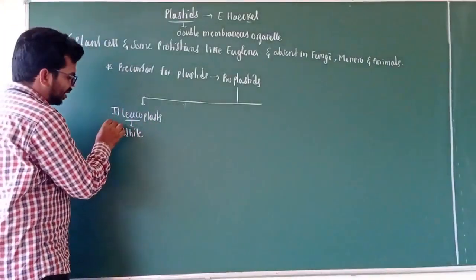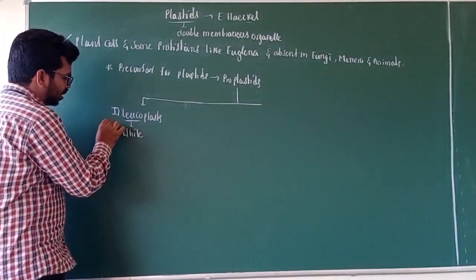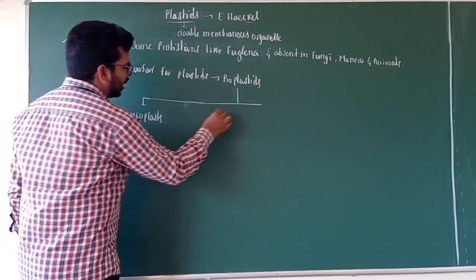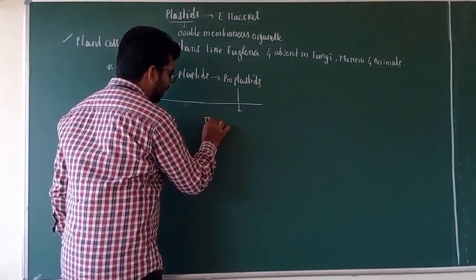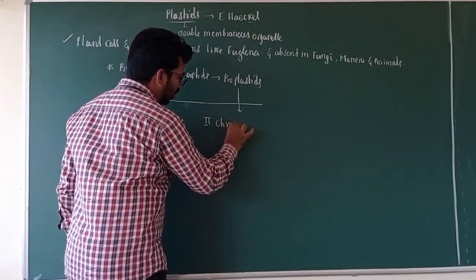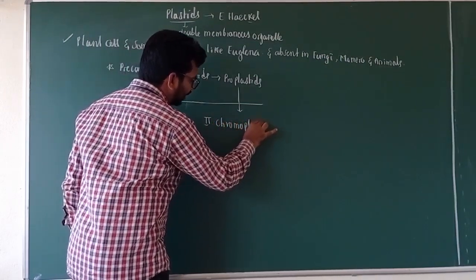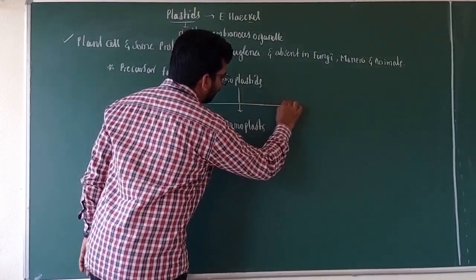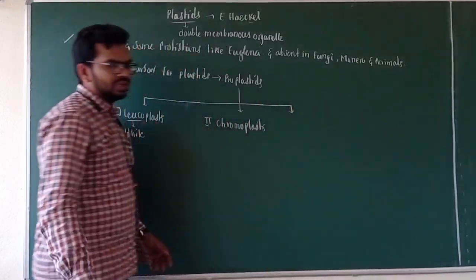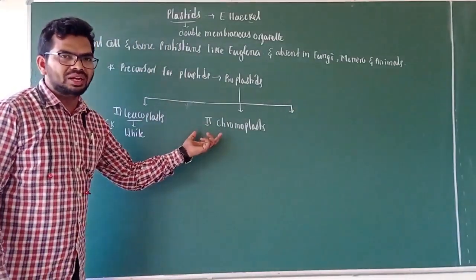In the Greek language, what is the meaning of leukos? That is white in color. And the second one is chromoplasts. Chromoplasts are the type of plastids which are responsible for color of the plant parts.